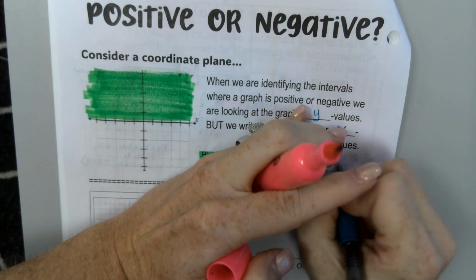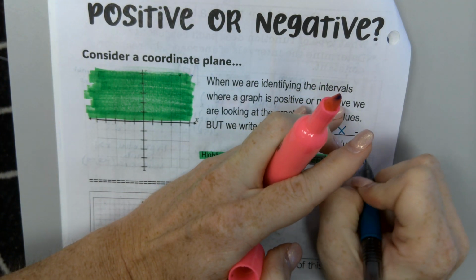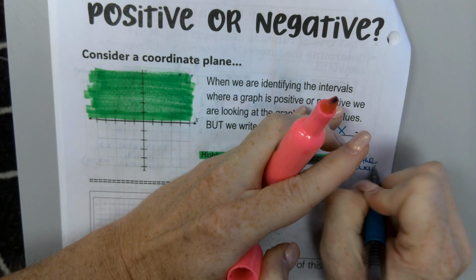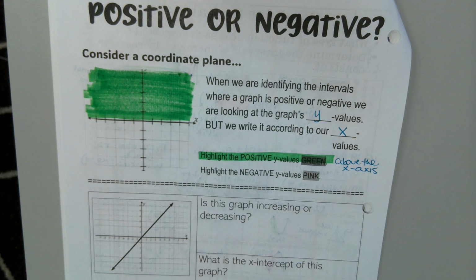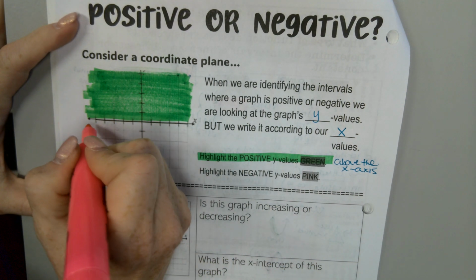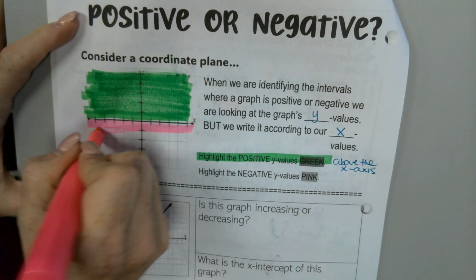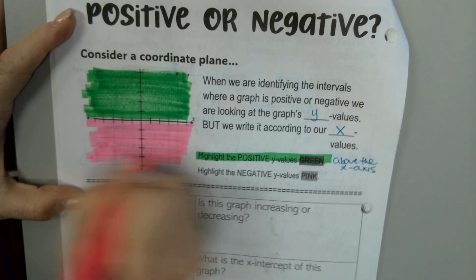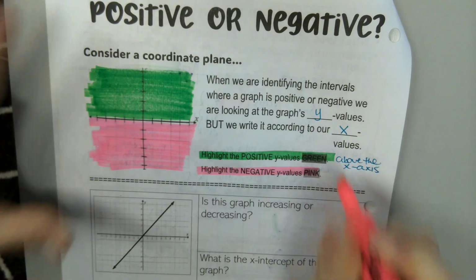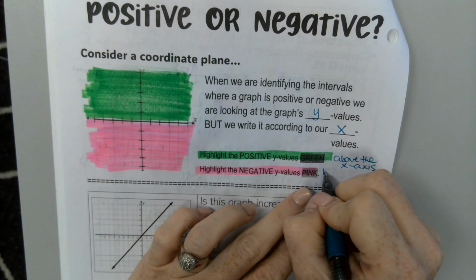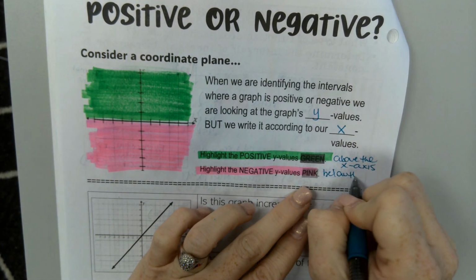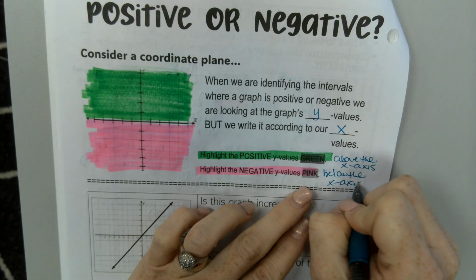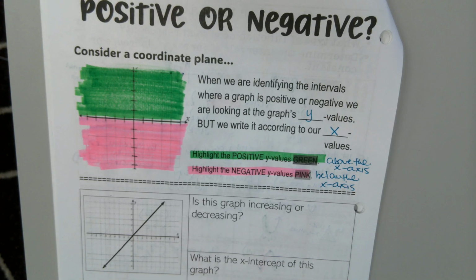Okay, this is above the x-axis. Below the x-axis is the negative, okay? All right, so above or below the x-axis.